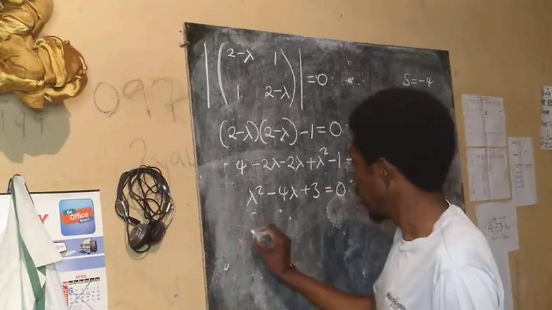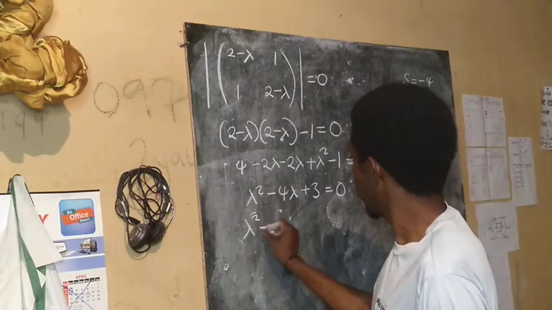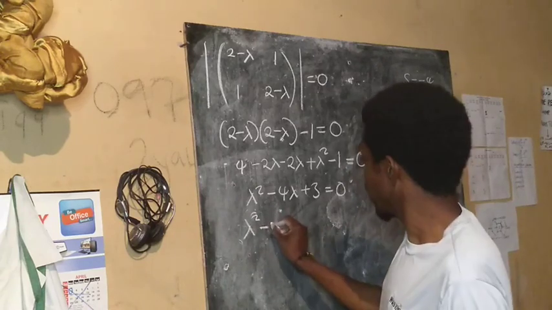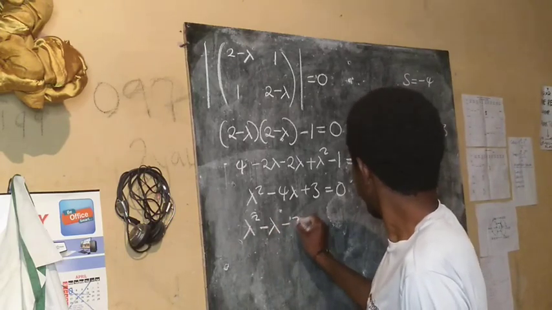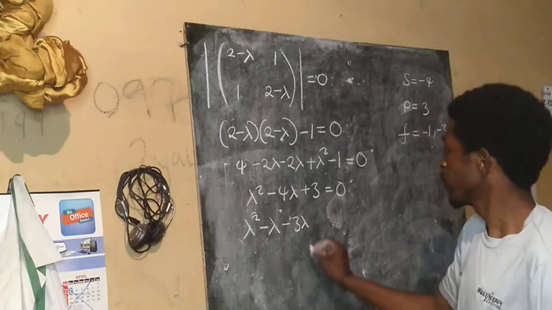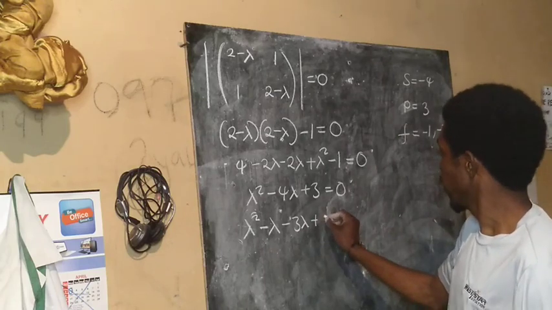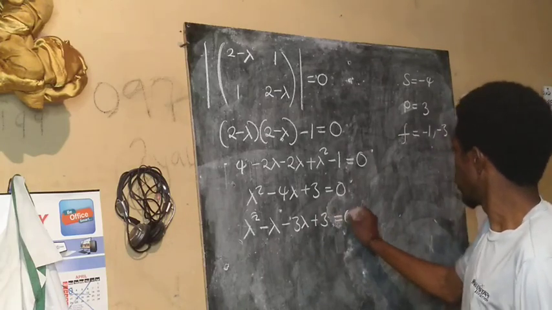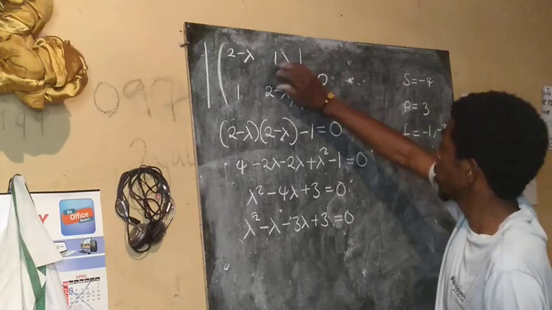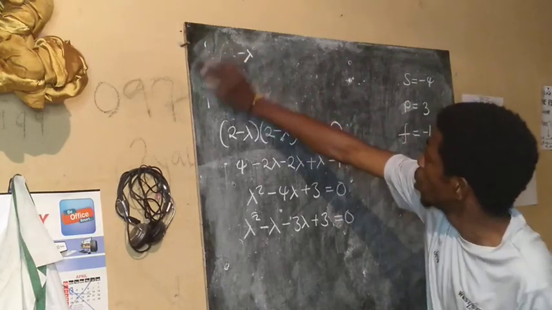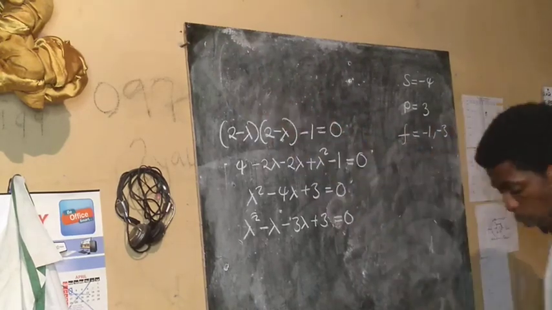From there, we'll say lambda squared minus lambda, then minus 3 lambda, then plus 3 equals 0. From here, we are just solving the quadratic equation.